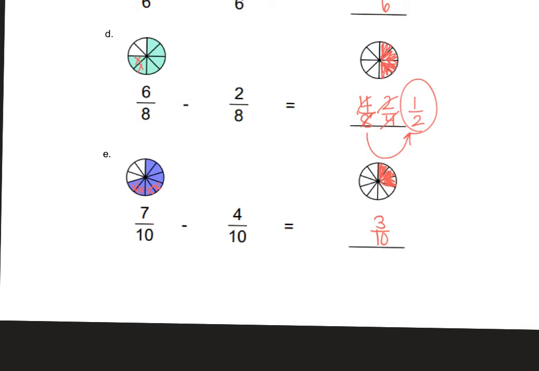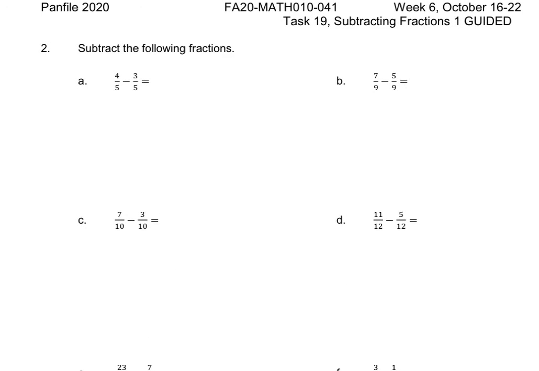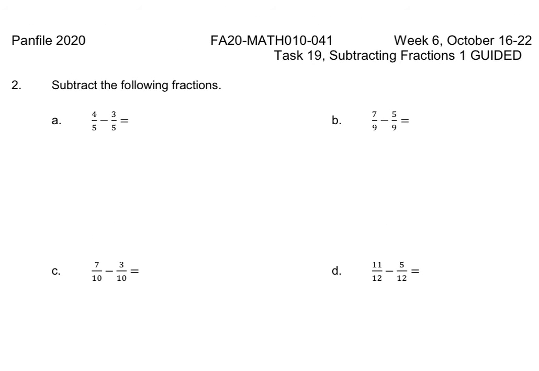All right, so let's go ahead and try some without that visual representation and see where it leads us. All right, the rules of the game are the same. The steps are the same. So first and foremost, you're going to check for common denominators.